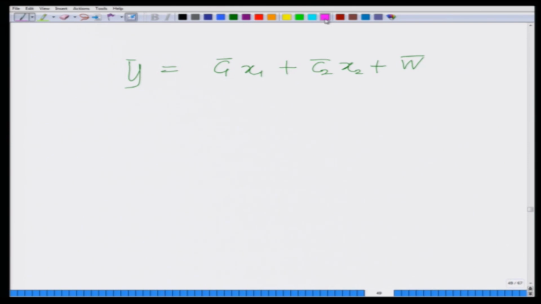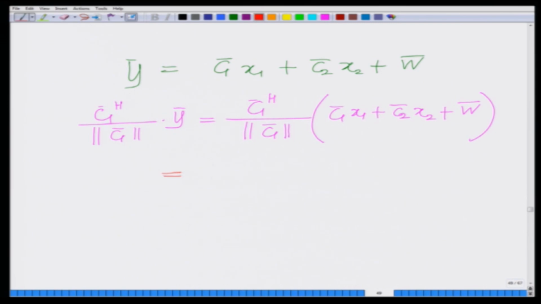Now, if I look at C1 bar Hermitian divided by norm C1 bar times Y bar, that is equal to C1 bar Hermitian divided by norm C1 bar times C1 bar x1 plus C2 bar x2 plus W bar, which is equal to C1 bar Hermitian C1 bar divided by norm C1 bar x1 plus C1 bar Hermitian C2 bar divided by norm C1 bar x2 plus C1 bar Hermitian W bar divided by norm C1 bar.